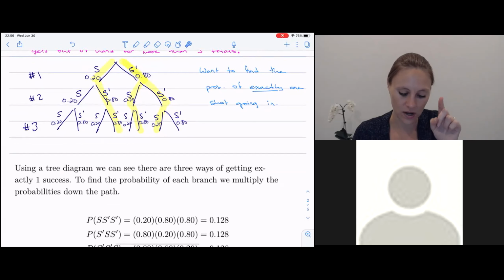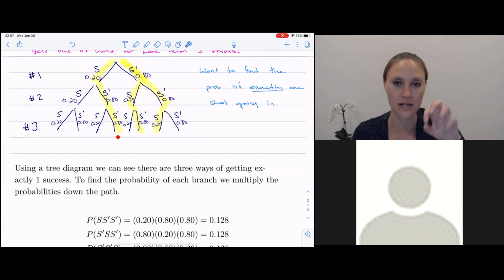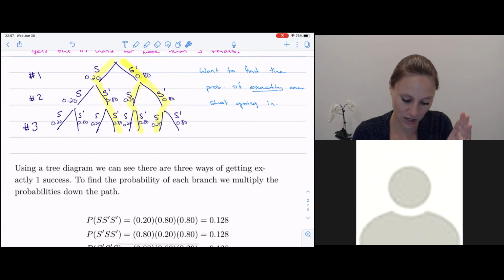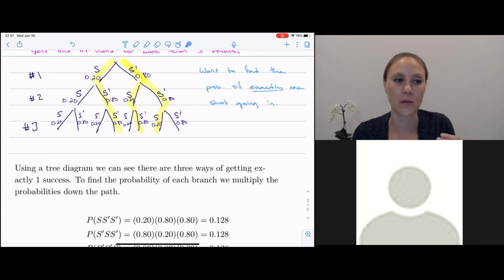Because we're saying we have to have a success and a failure to end up at the bottom of this one. And so whenever you're saying and, remember, you're multiplying down the branches. But then when you're looking at the different branches, you're saying, okay, well, it could be this first branch, or the second branch, or the third branch, right? And so whenever you're saying or, you end up adding.